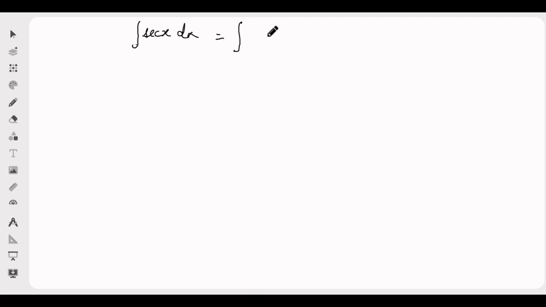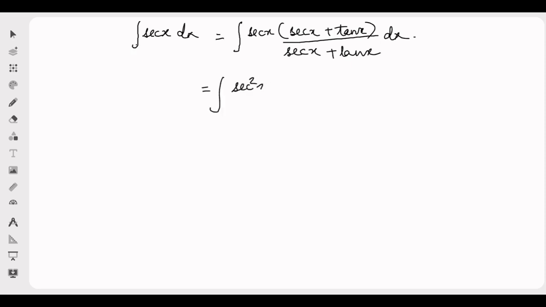So sec x can be written as sec x into (sec x plus tan x) upon (sec x plus tan x) dx. This is equal to integral of (sec square x plus sec x tan x) upon (sec x plus tan x).